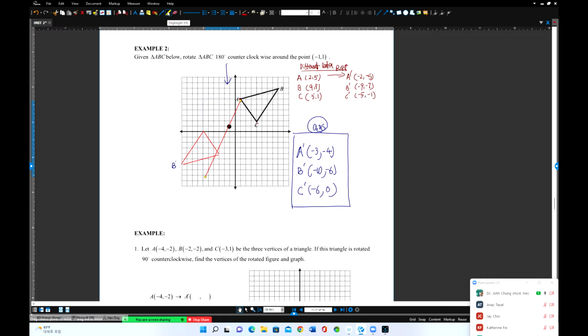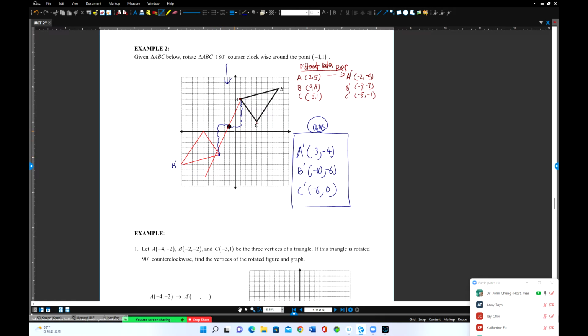From here, 2, 4 up, 5 up. 2, 5 goes to 2, 5 down over here.